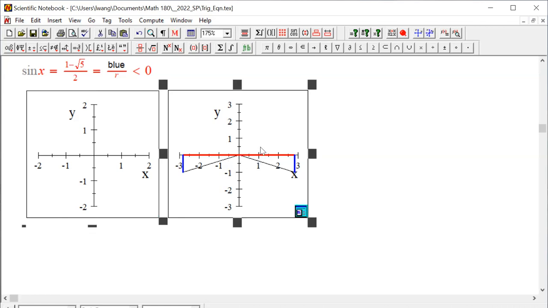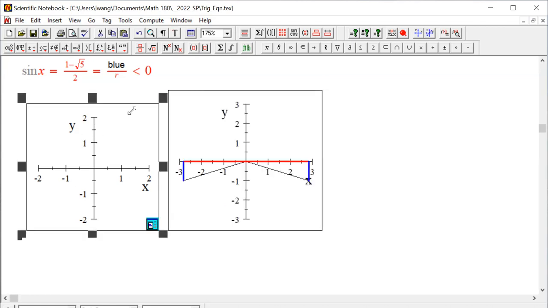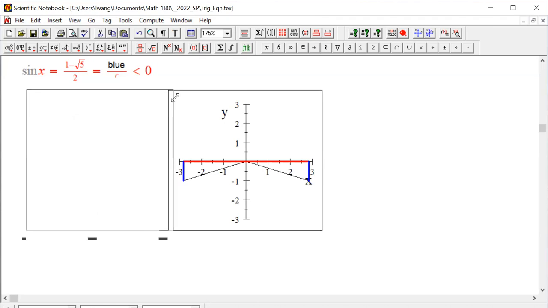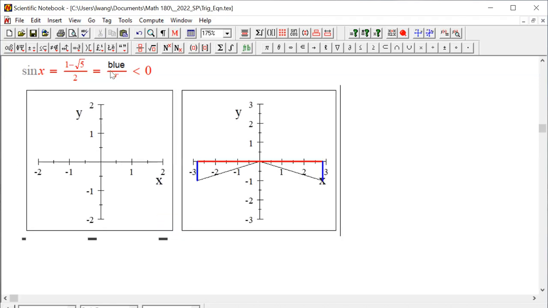I'm going to put this picture here and make these pictures over here so you can see the similarity. Get used to this. It just tells you the blue is 1 minus root 5, and these blues are -1. That's the difference.